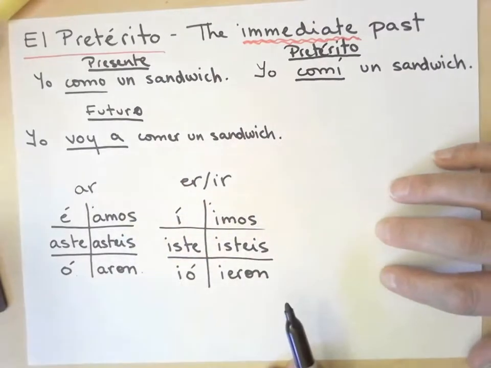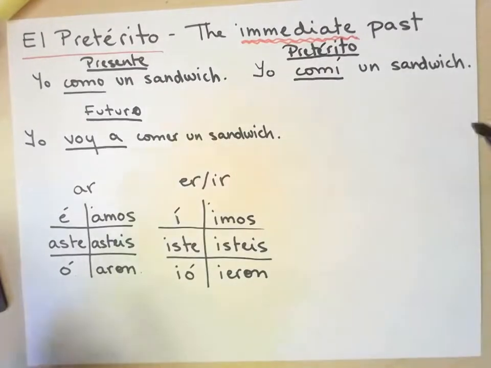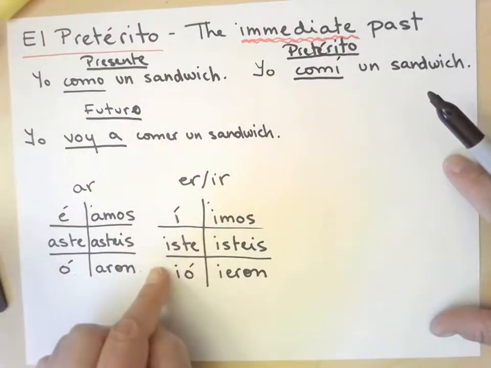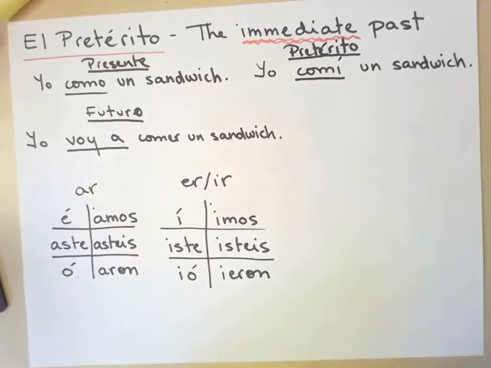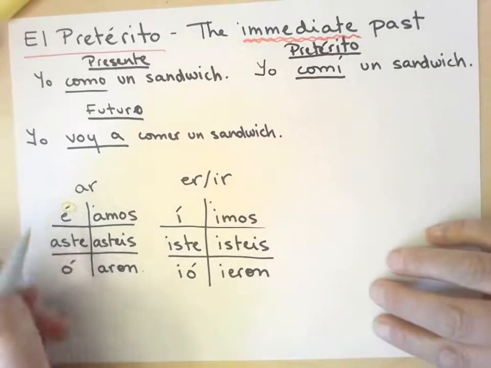There's another little thing that you should notice, particularly in the yo and the él y usted. Yo, él y usted. What do you see that they both have? Acento.